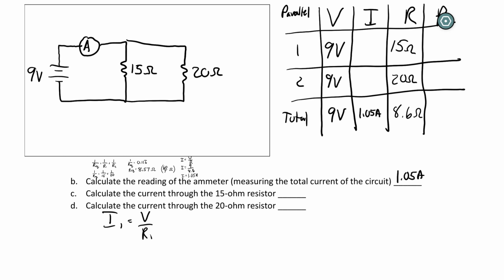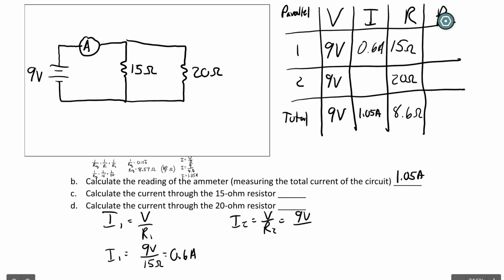So we have I1 is equal to 9 volts divided by 15 ohms. So that's going to give you 0.6 amps.